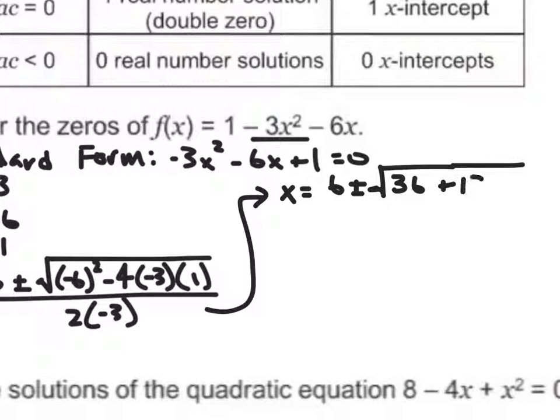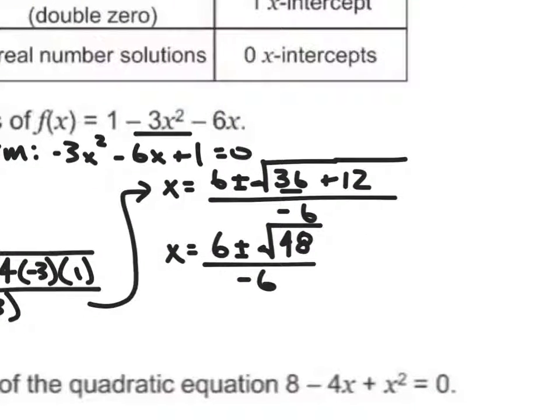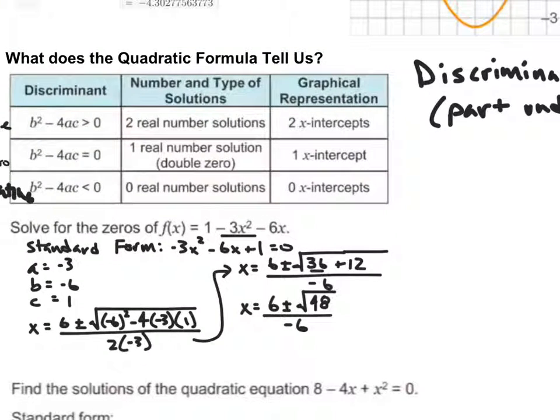So plus 12 all over negative 6. Now, 36 plus 12 is going to give me 48, so x is equal to 6 plus or minus the square root of 48. Now, because my value under the square root is positive, what that tells me is that I have 2 real numbered solutions. So we can continue working on this.